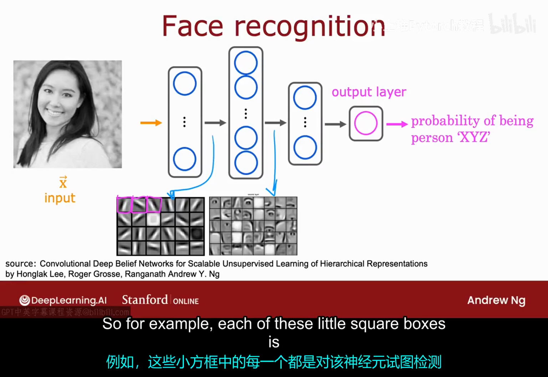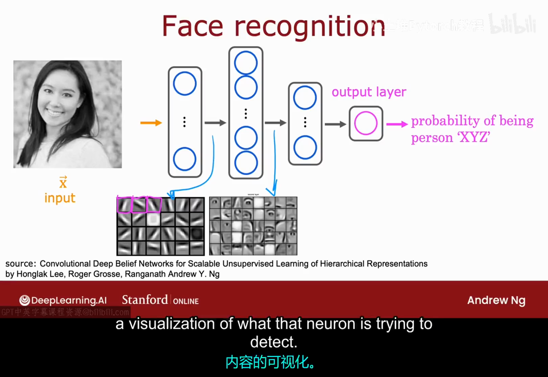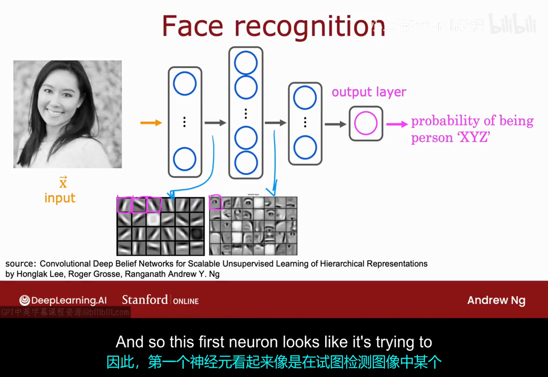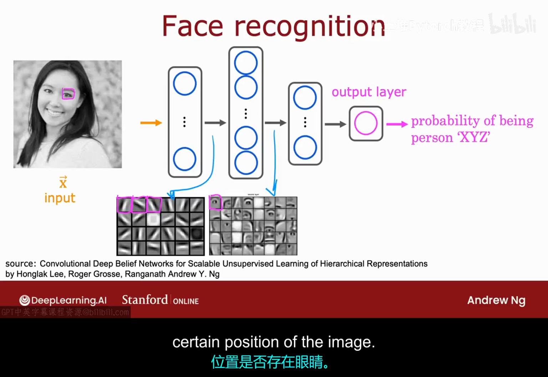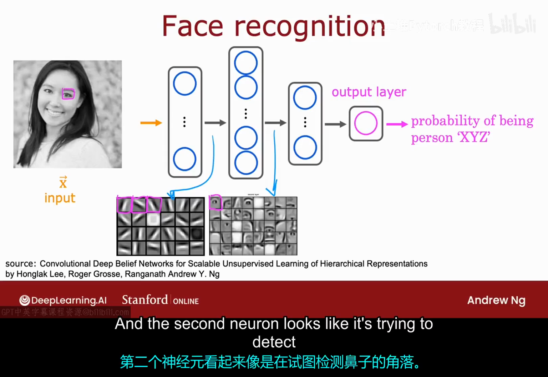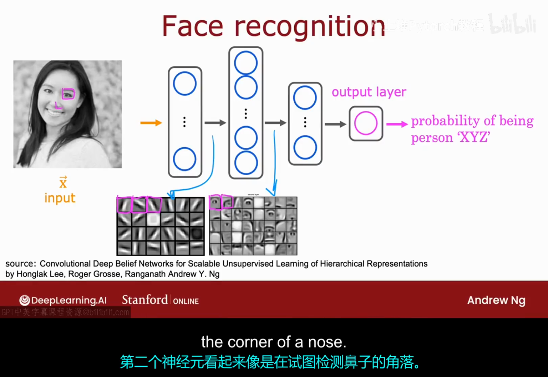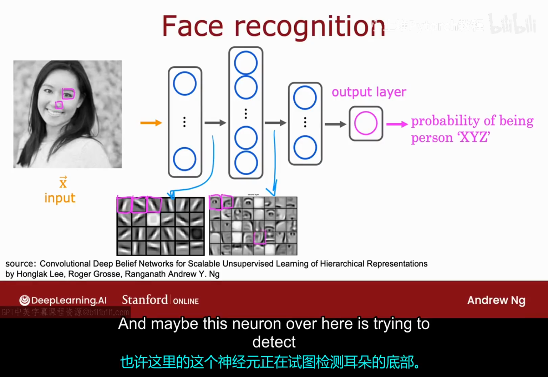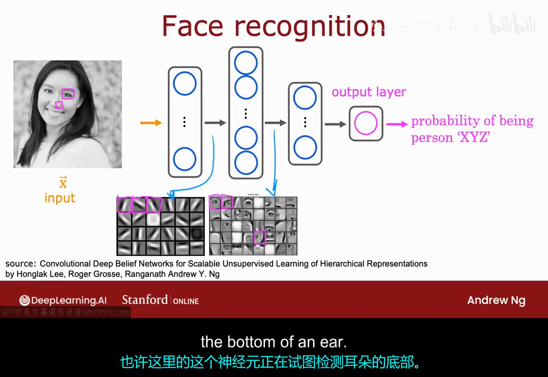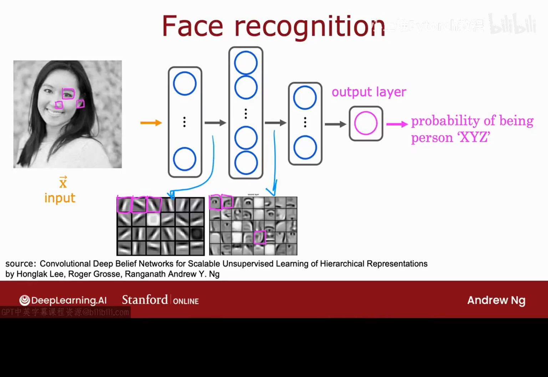So for example, each of these little square boxes is a visualization of what that neuron is trying to detect. This first neuron looks like it's trying to detect the presence or absence of an eye in a certain position of the image. And the second neuron looks like it's trying to detect the corner of a nose, and maybe this neuron over here is trying to detect the bottom of an ear.